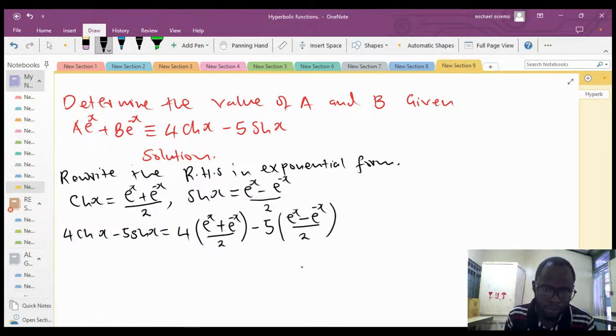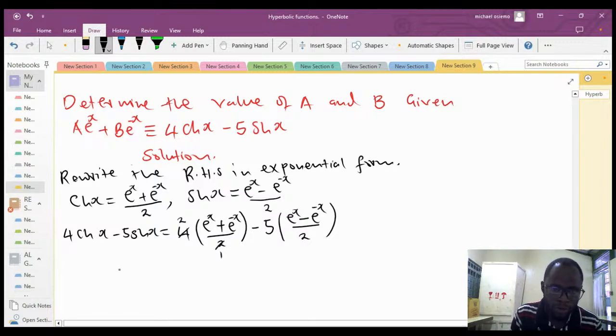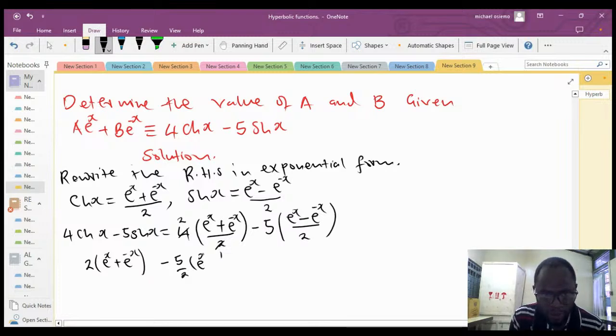If you open up this bracket, you can have 1 by 2, 2. So we're going to have 2 into exponential x plus exponential negative x, then minus 5 over 2 into exponential x minus exponential negative x, like that.